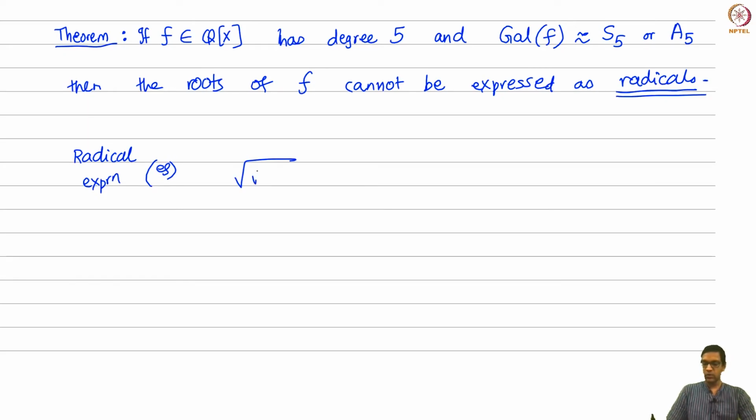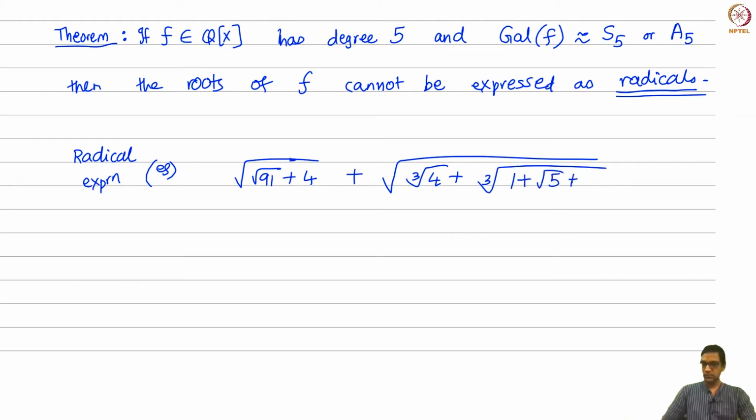I can take the square root of 91 plus 4, something like that, plus the square root of the cube root of 4 plus the cube root of maybe the 7th root of 9, and so on. You can imagine what I mean. I can have many layers of nesting, meaning I can take the square root of the cube root of some expression and so on and so forth.